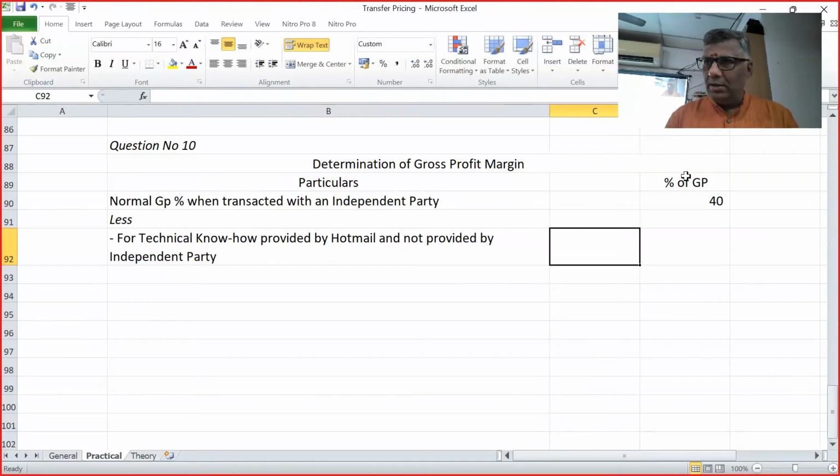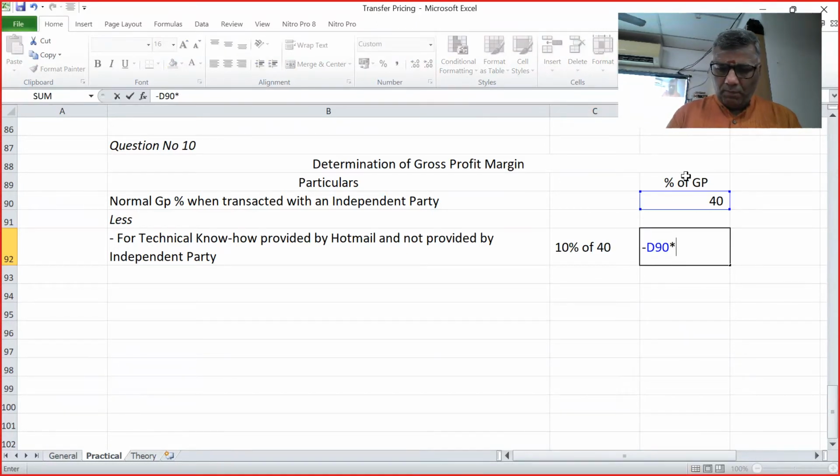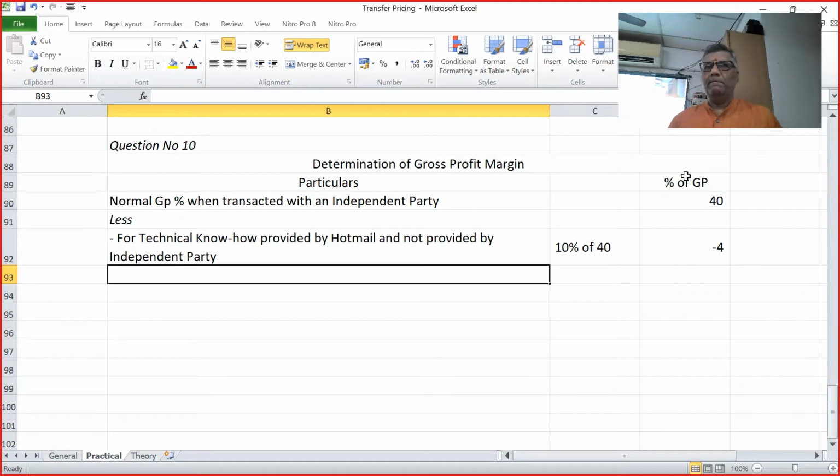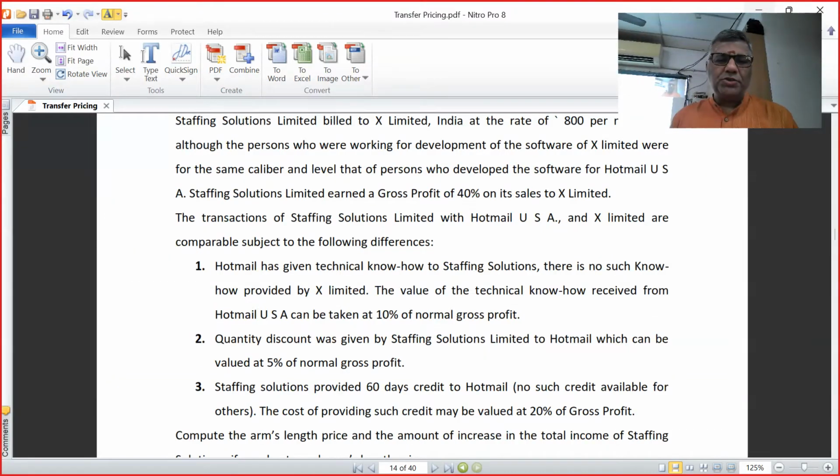How much is that? Are you understanding? Okay. If I earn 40% with others, I should earn only 36% with Hotmail, because that 4% is compensated by them by incurring some other cost.